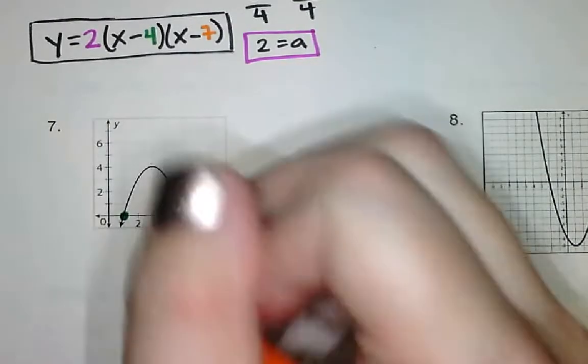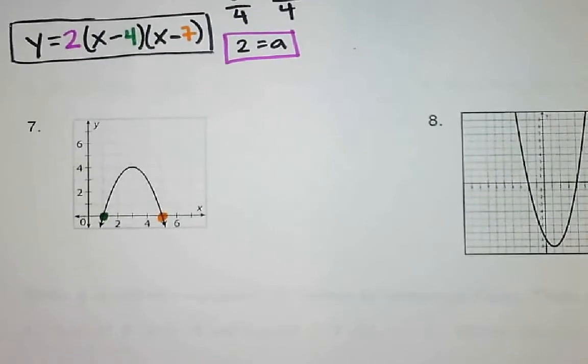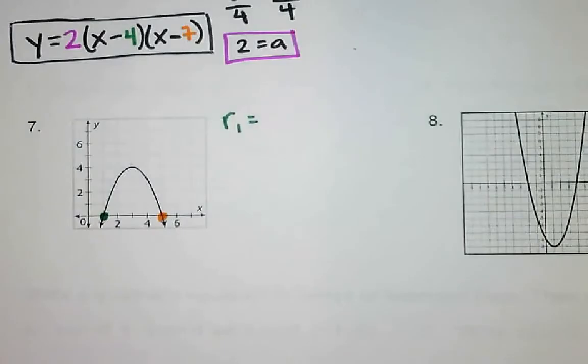So this is one where you would get to pick which way you do it. Today, I want you to do intercept form. But on the test, if it said write the quadratic equation and it didn't specify, you could pick which way you're going to go.